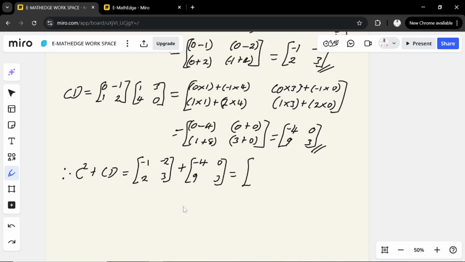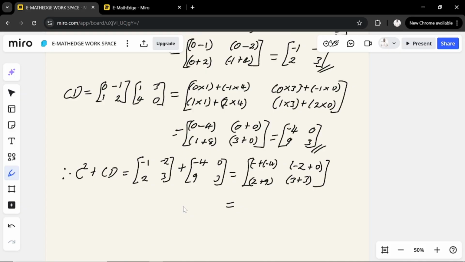We are going to have negative 1 adding up to negative 4. And for the next one, it's going to be negative 2 adding up to 0. And for the next one, it's going to be 2 adding up to 9. And lastly, we are going to have 3 adding up to 3.